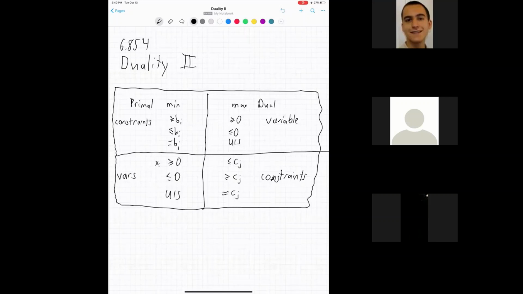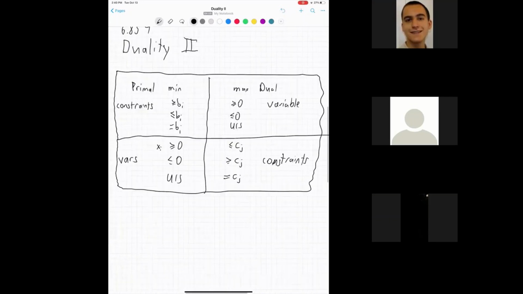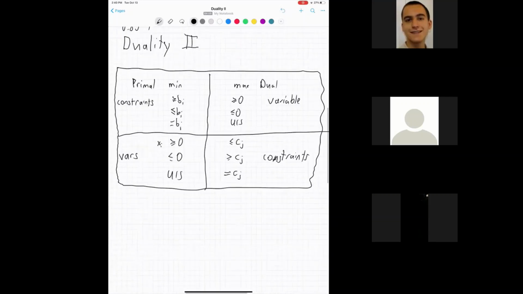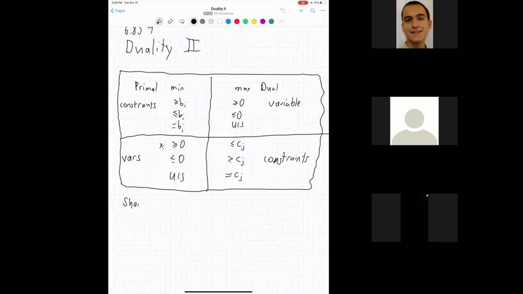And last time I showed you this duality transformation that showed that a shortest path problem was dual to a unit min cost flow problem, right?